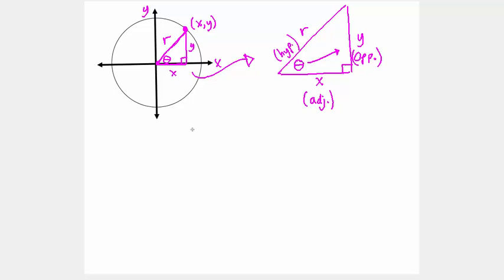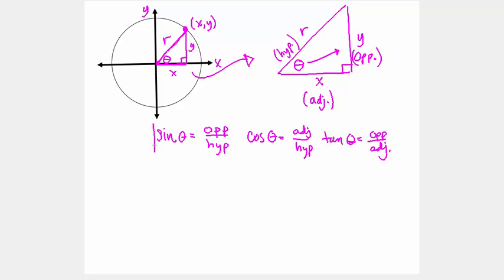Given these designations, the way we're going to define sine, cosine, and tangent is the following. The sine of theta is going to be automatically the ratio of opposite over hypotenuse. The cosine of theta is going to equal adjacent over hypotenuse, and the tangent of theta is going to equal opposite over adjacent.